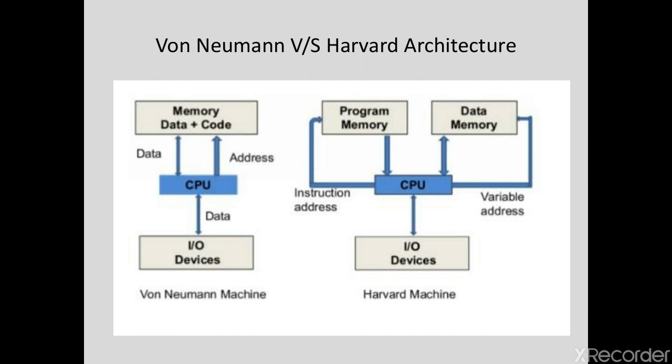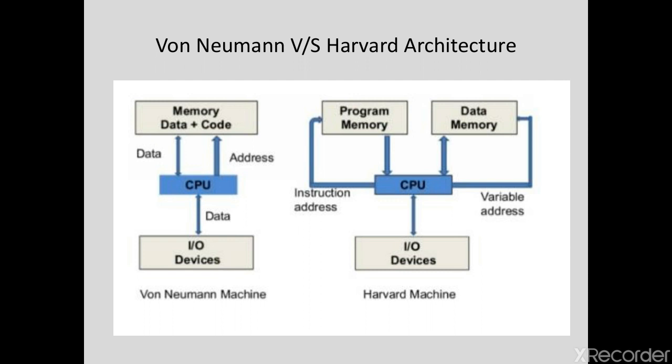So the von Neumann machine, as is evident from the block diagram, the difference between the block diagrams of the two machine models is that in the von Neumann machine, we have the same physical memory allocated for data as well as instruction set. Whereas in the Harvard machine, we have different memory allocation for program memory and data memory.